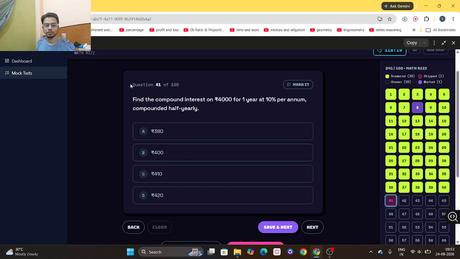Find the compound interest on 4,000 rupees for 1 year at 10% compounded half yearly. Principal is 4,000. Rate of interest is 10% per annum, so it will be 5% per half year. And n will be 2.